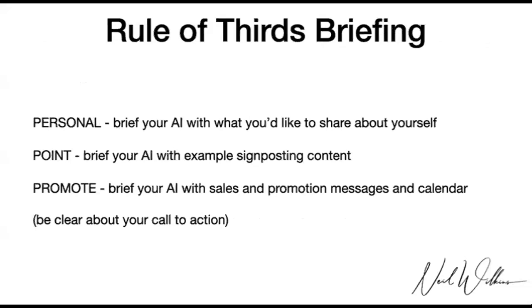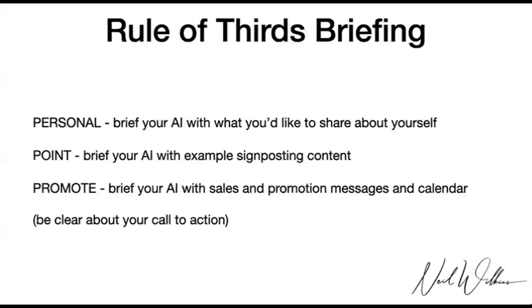So if we were thinking about how to brief our AI with personal, if we brief our AI with what we'd like to share about ourselves, that gives the AI a chance to really get under the skin of us and actually understand, well, okay, now I'm going to ask you for this because to get to know you, Neil, I need to know this about you. So it will get into the conversation with that.